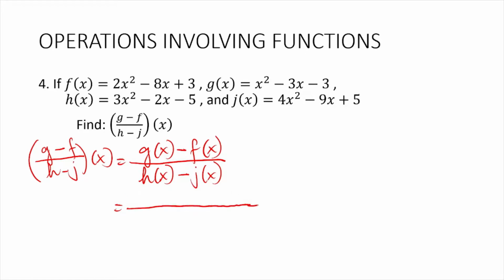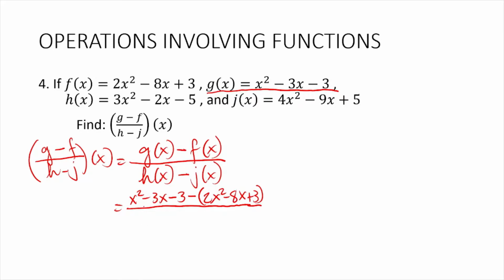Okay. So g of x, this one. So plug in x squared minus 3x minus 3. And then subtract f of x. So f of x is 2x squared minus 8x plus 3. Alright.